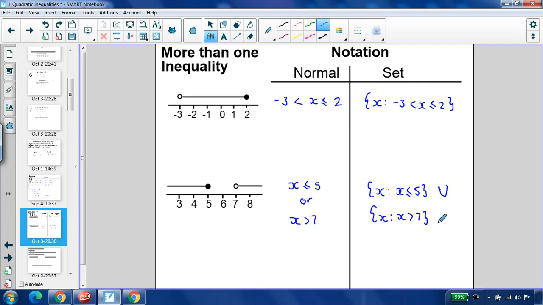So it would look like that. We could have used the intersection, which is the and, and split these inequalities up with two separate sets. So we could have done the intersection for the first example, but I'm going to leave mine like that.